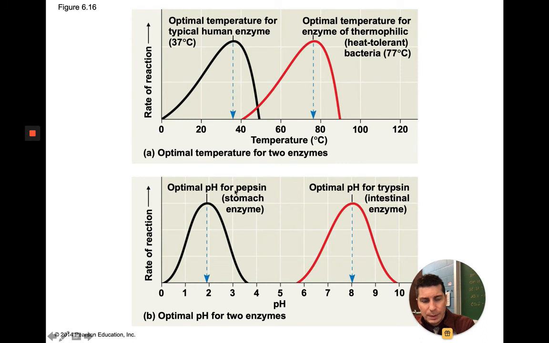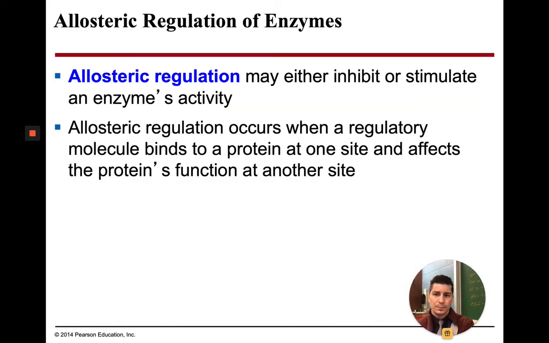This one, pepsin, Pepto-Bismol settles down your stomach. Pepsin is an enzyme that works in your stomach, works really well at a pH of 2. Trypsin is in your intestines, which are slightly basic, so it works really well in a slightly basic environment. Take the trypsin, put it in the stomach, it's not going to work at all. Put the pepsin in the small intestine, it's not going to work at all.